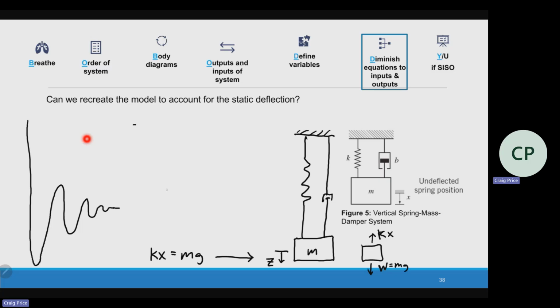So my equation becomes the sum of forces equals m z double dot, which is equal to a negative spring force and a negative damper force. So we have m z double dot equals negative kz minus b z dot, and we get to our final equation that looks like this.